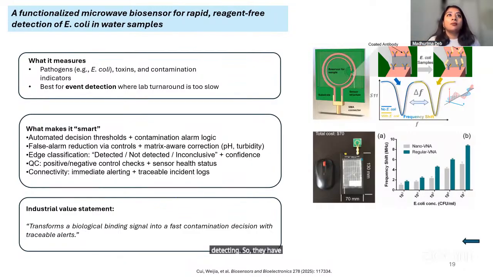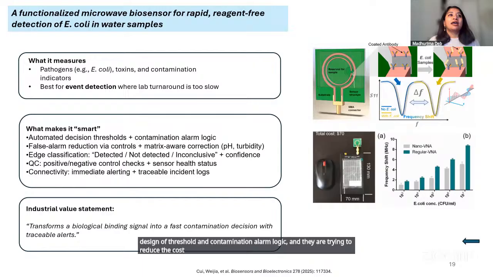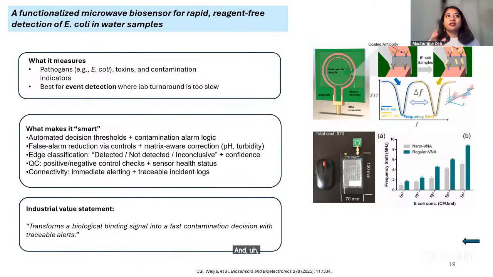They have done amazing work in terms of this automated design of threshold and contamination alarm logic, and they are trying to reduce the cost also. They have this classification of detected, not detected, along with the confidence level, which is also very nice.